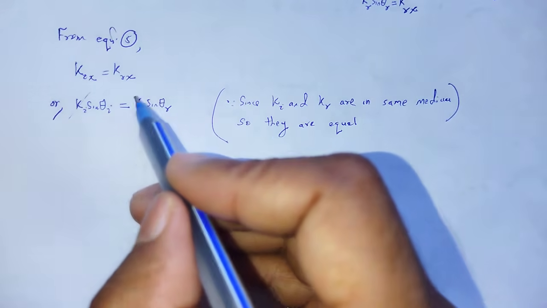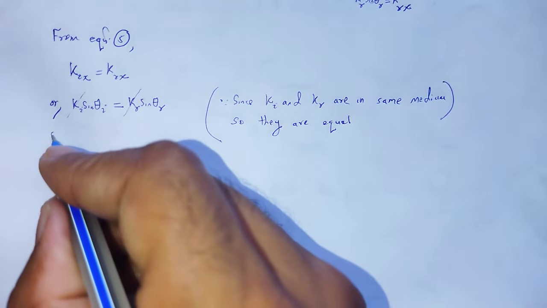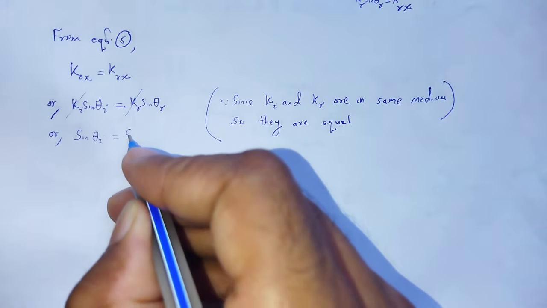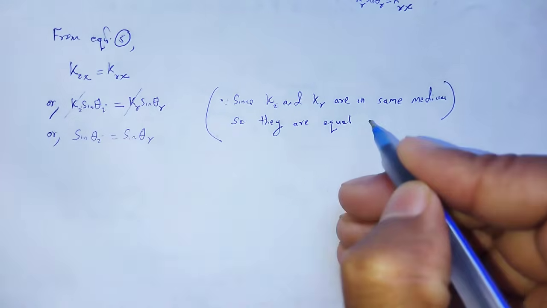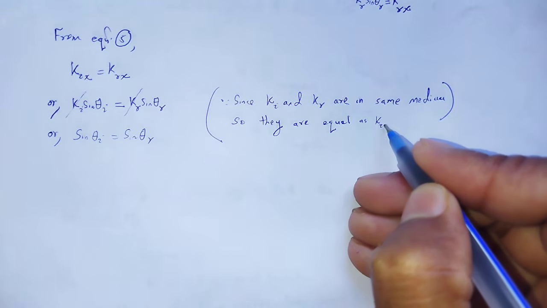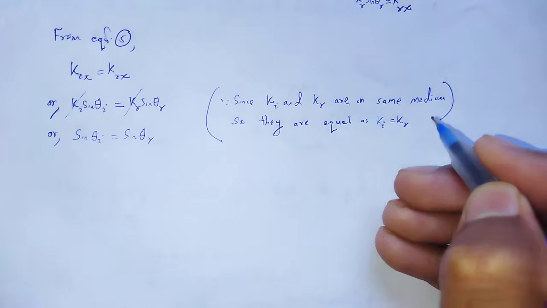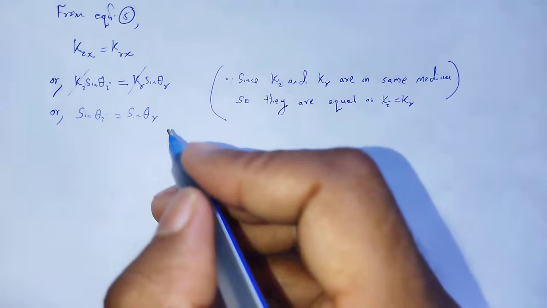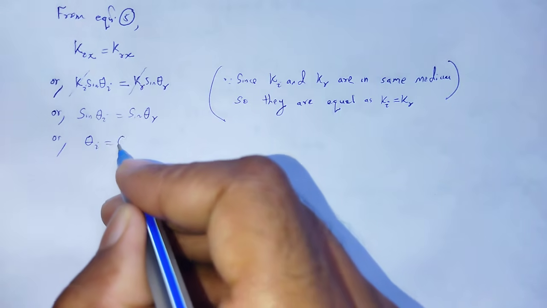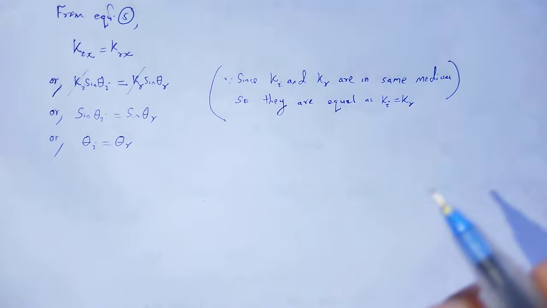So ki and kr cancel out. So we obtain sin theta i is equal to sin theta r, as ki is equal to kr. So theta i is equal to theta r.